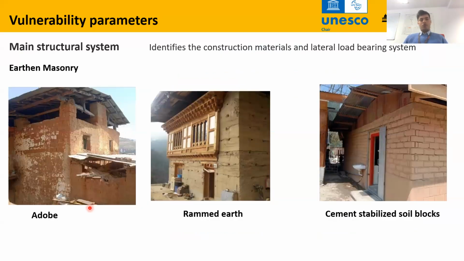For example, about the material and main structural system, the structural system of masonry buildings is mostly load bearing, so they work as load bearing walls. But in terms of material, the masonry fabric, we have adobe. Within earthen masonry, we have adobe or rammed earth. You can see these are rammed earth units. And this is comparatively new, cement stabilized soil blocks, which is a kind of adobe, but stabilized with added cement.